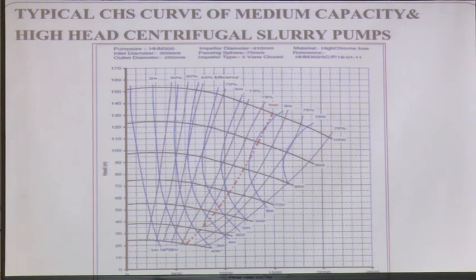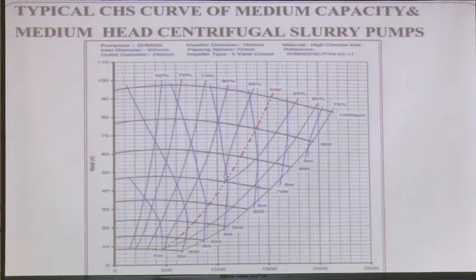Let us see another one. Here 765, 300 to 50. Now here 110 and 2500, it is a medium head, medium capacity, right. And these are the NPSHR curves and efficiencies.